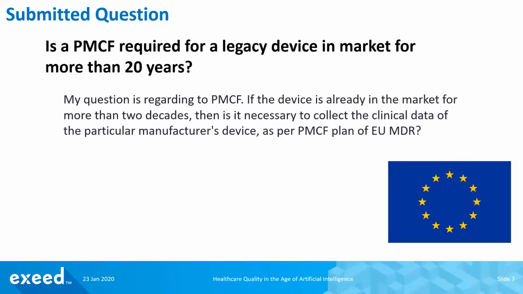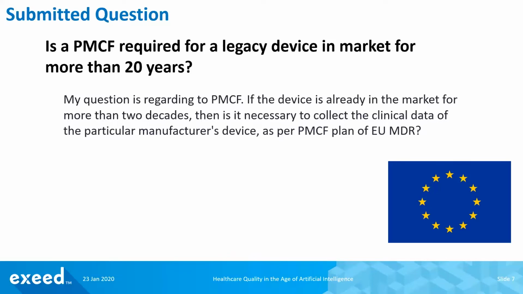If after 20 years you realize the state of the art has changed, or maybe your complaints data is showing something else and the benefit risk is actually not that favorable anymore, the only way you can demonstrate it is through proactive work, maybe a clinical study. That's a decision you'll have to make.